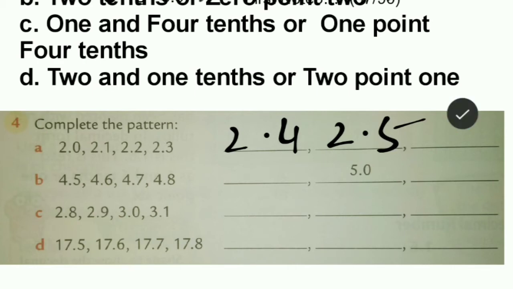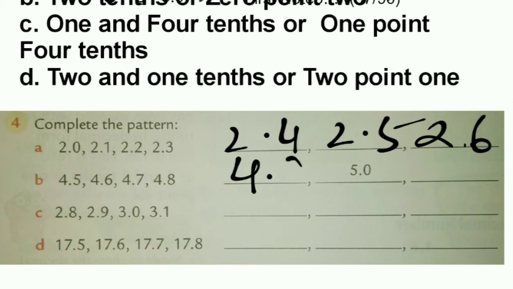Next, complete the pattern. 2.0, 2.1, 2.2, 2.3, then we can write 2.4, then 2.5, then 2.6. Here 4.5, 4.6, 4.7, 4.8, 4.9, then 5, then 5.1. Like this we can write.